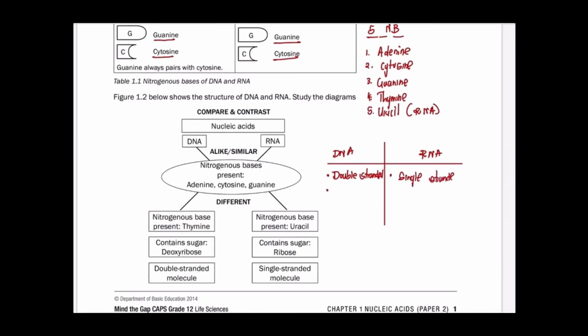And then in DNA you have thymine, while in RNA you have uracil. You also have another difference, being the fact that DNA contains deoxyribose sugar, whereas RNA contains a ribose sugar.